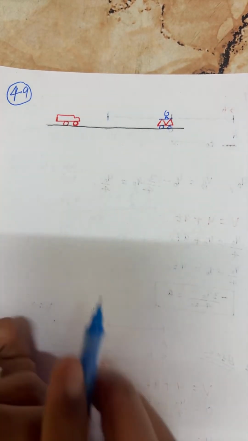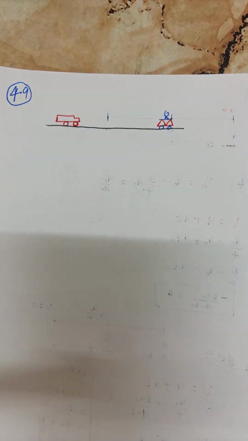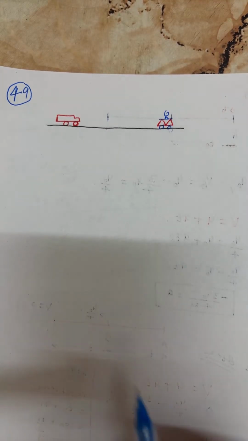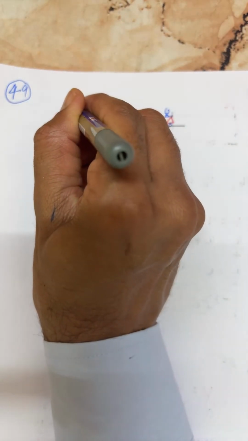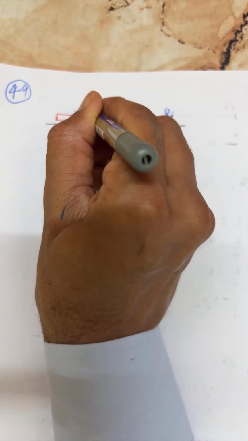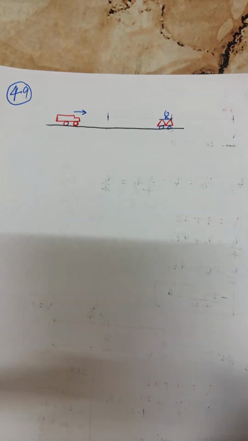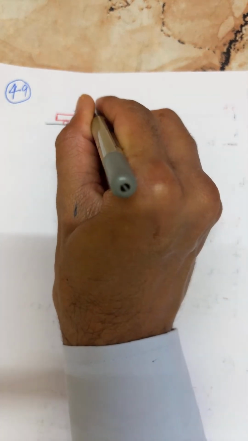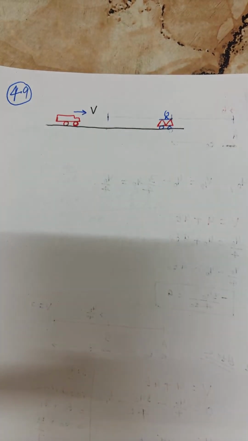Now, beta, this is the jeep and this is a motorcycle. But I'll repeat the question once again. A police party is moving in a jeep at a constant speed v. Okay, beta, your jeep is in motion, moving with constant speed v. Just keep in your mind.